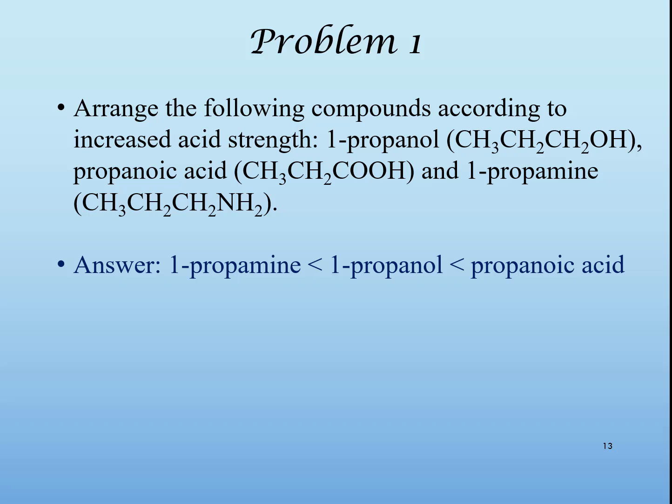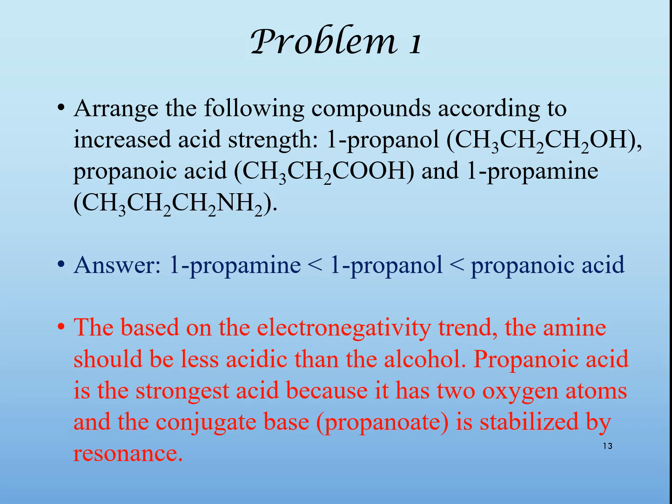We've seen that nitrogen is less electronegative than oxygen, which means that the amide ion is less stable than the propoxide ion, resulting in a higher acidity for 1-propanol compared to 1-propanamine. Propanoic acid has 2 oxygens, which makes it more acidic, and on top of that we also have a resonance effect in the propanoate ion.